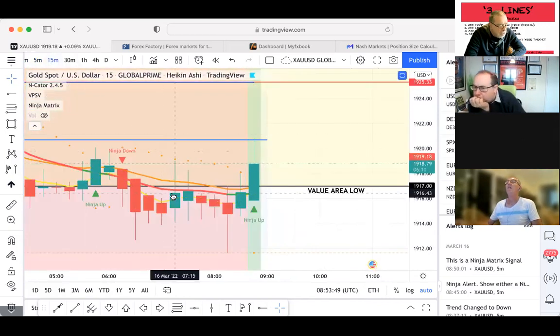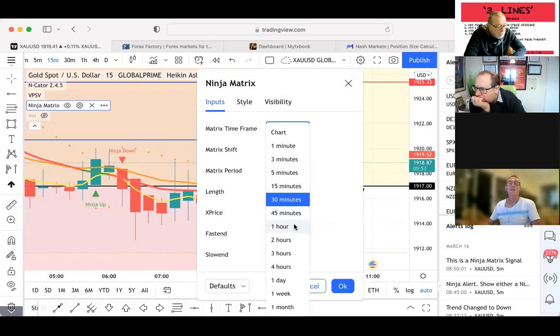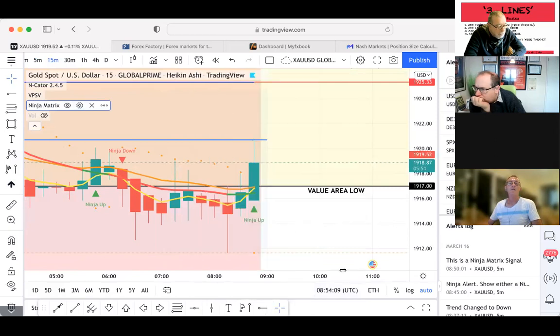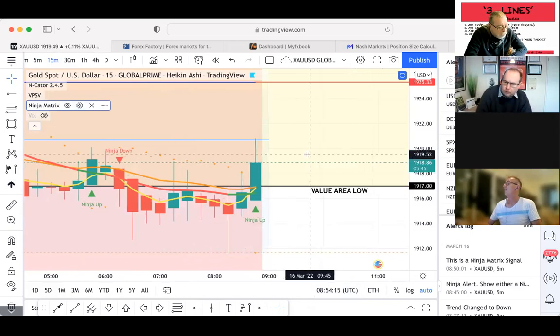I'm a little bit more careful. And here we are, we need to change the setting on the Ninja Matrix. So you see the Ninja Matrix has changed to green, but that's possibly because we're looking at a 30-minute chart. If we revert back to the 1 hour, we're still red. So it's a question of choice, really.